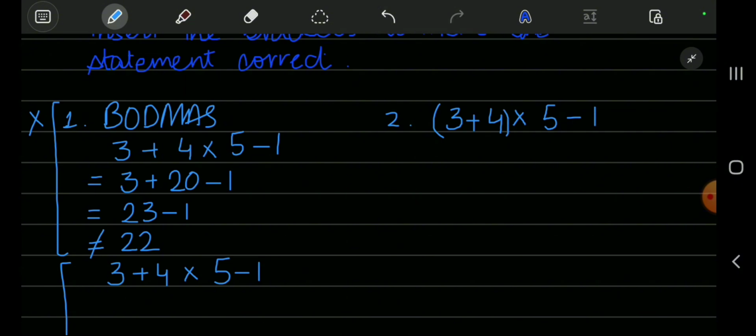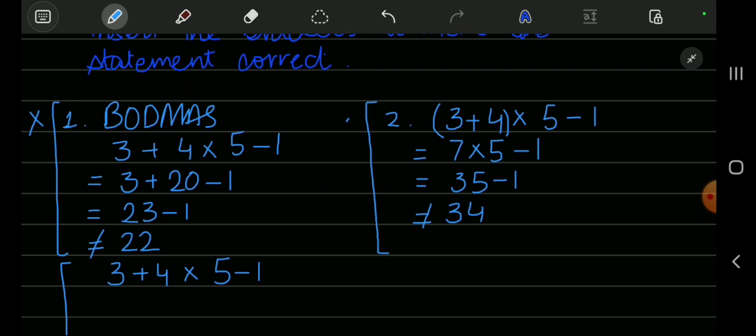So first solve 4 plus 3 is 7, multiplied by 5 minus 1. So 7 times 5 is 35. 35 minus 1 is 34. Again, we are not getting 28, so this method is also not correct. The brackets are somewhere else, and we have to identify that.